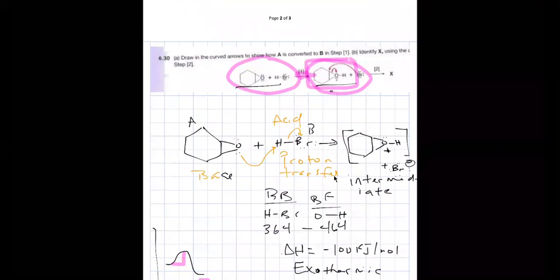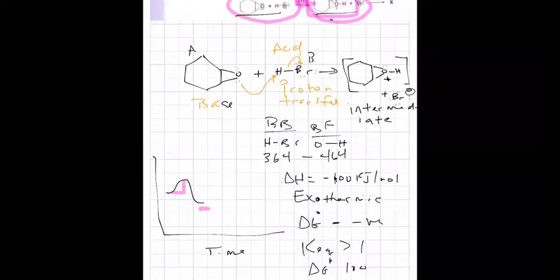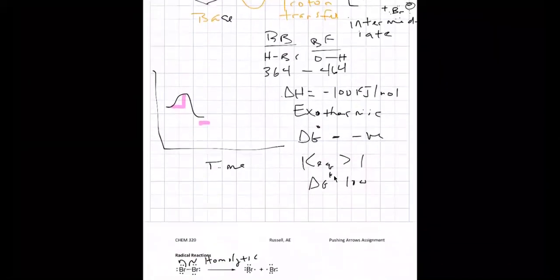Got it. Yes. All right. So Brittany, this is an example of a stepwise mechanism. You have a first step that happens, and now you got another step that's got to happen before you get to the product.